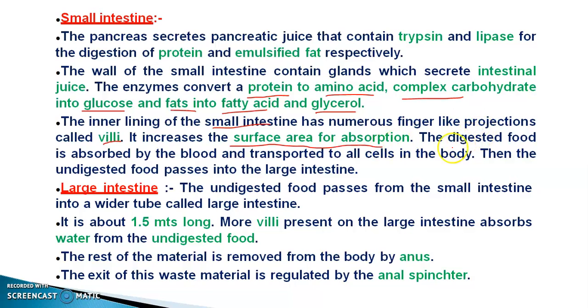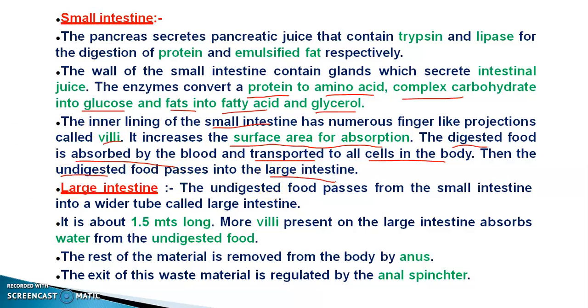So the digested food is absorbed by the blood, and this blood transports the nutrients to the different parts of our body. Now after the transportation of the important nutrients, the undigested food material finally passes into the large intestine.